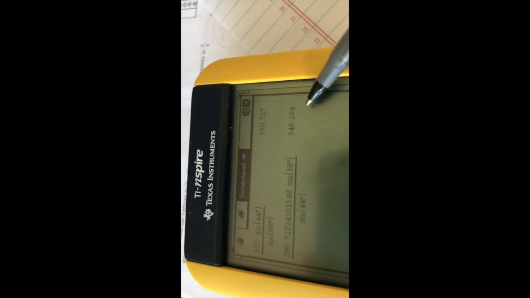Put that whole equation as we have it here and press enter. Then we'll get the actual length for A, which is 346.294. It says round to the nearest hundredth, so it'll be 346.29, and that's our length of A.